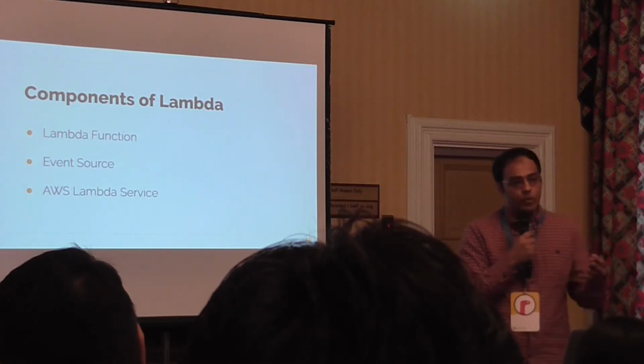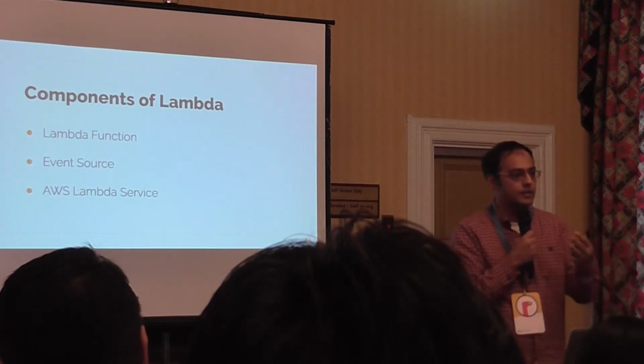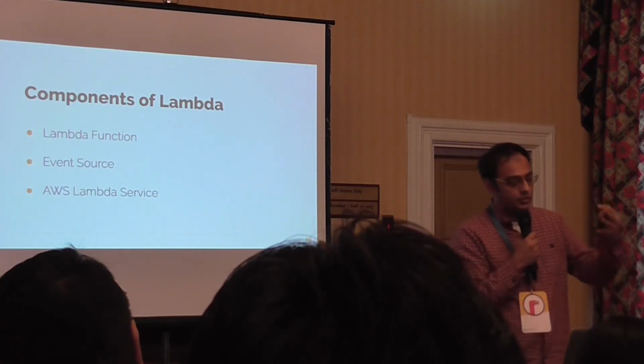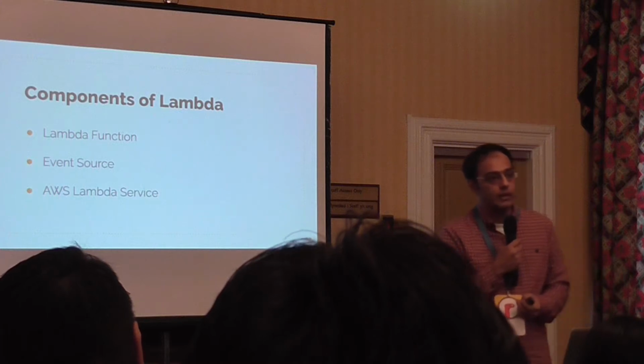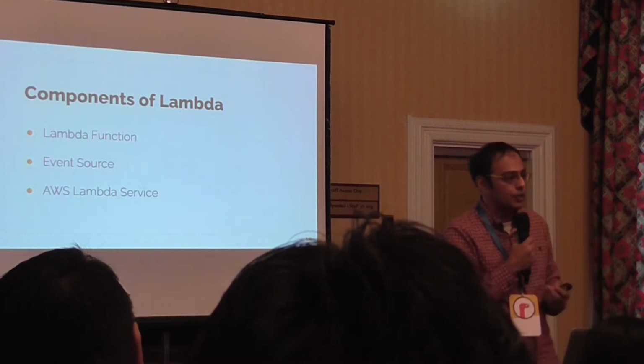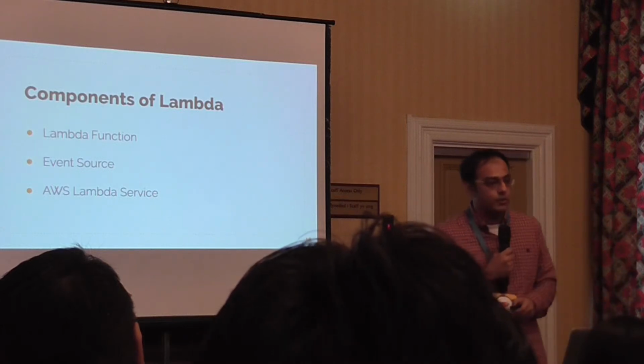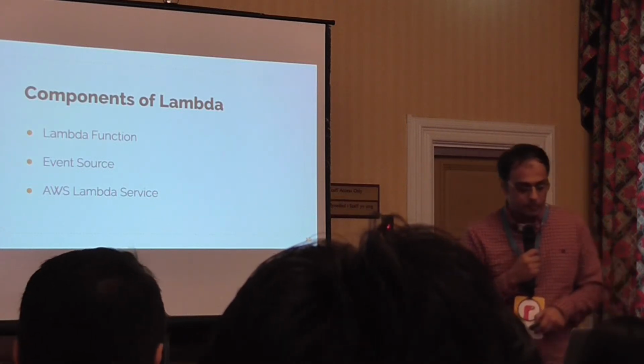In our case, for most of us, it is an HTTP server. An HTTP request hits the Lambda function, and that triggers it. But it could be something else as well, like a cron job, adding a task in a queue, or uploading a file to S3, for example. We'll have a look at those further down in the talk.